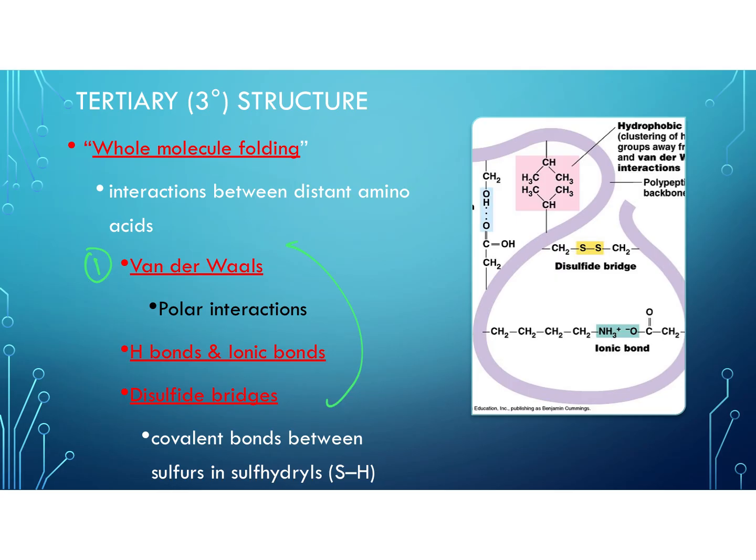Again, likes hate likes, but different is better, because positive and negative are coming together. The next one would be hydrogen bonds, between those polar molecules. And then finally, you have disulfide bridges, which is that S-S type of bond. So those are three types of bonds that bind onto one another, interacting with the environment.